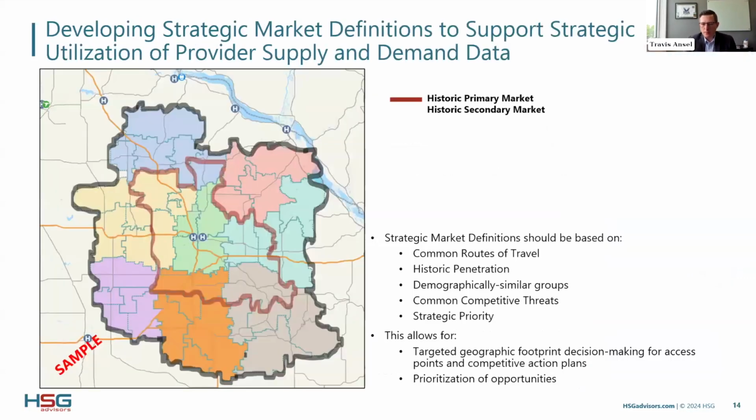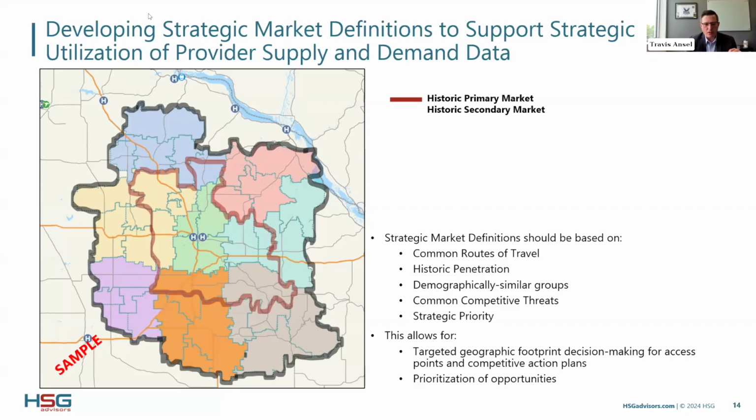One more thought before we jump into the individual worksheets. Earlier, I mentioned that the best way to make provider supply and demand data useful is to have effective market definitions. Here on the map, we drew a sample market because we didn't want to show off anybody's actual markets.